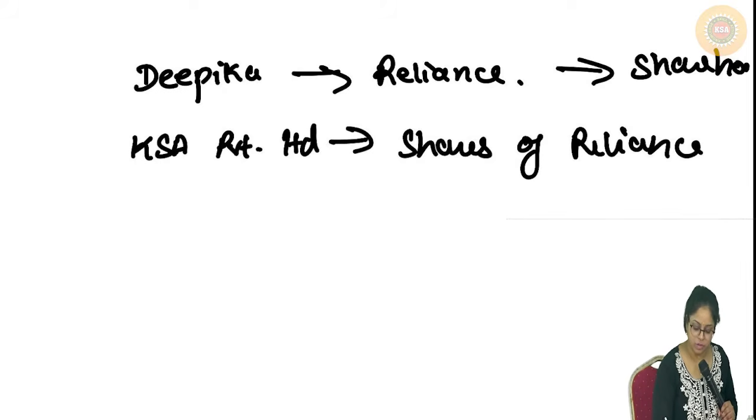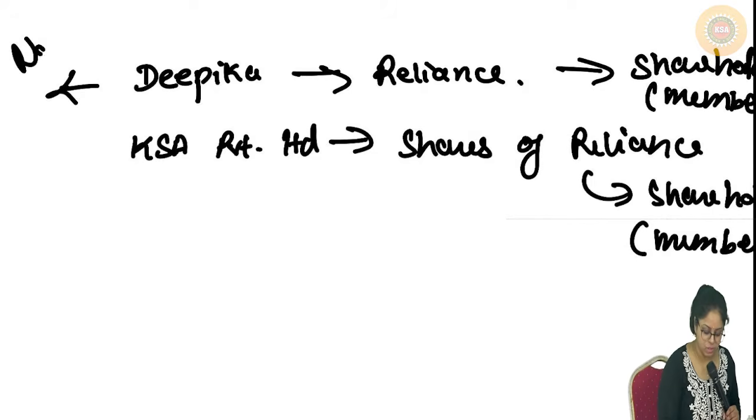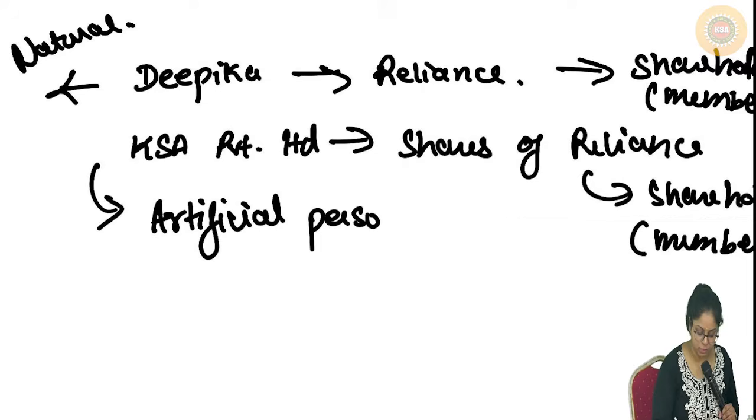If they buy, they will also become a shareholder. Shareholder is nothing but member. I hope you all know that. Right? We call a shareholder a member. Now tell me, I am a natural person. This is an artificial person. Are you now understanding the difference between who is a natural and an artificial person?